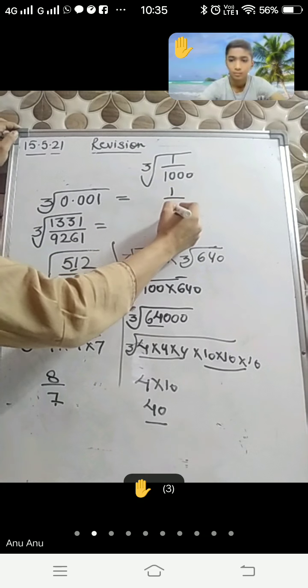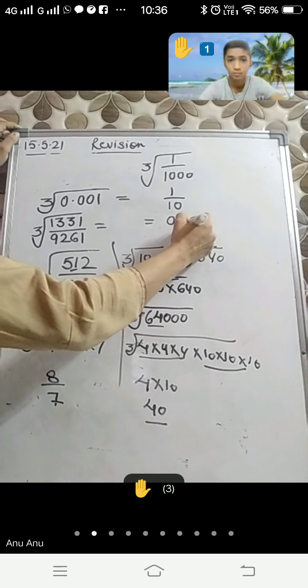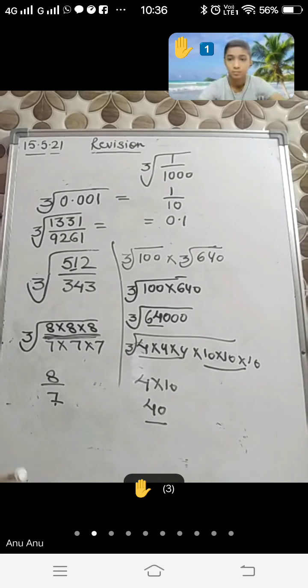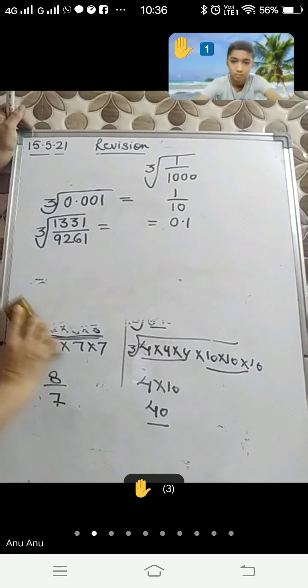Cube root of 1 is 1. Cube root of 1000 is 10. This is 0. Or if you don't want to do it like this, you can directly split it up.